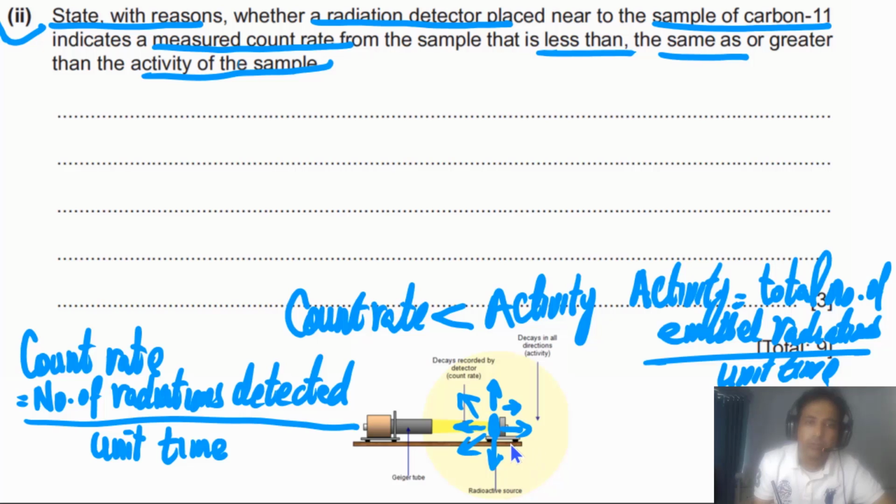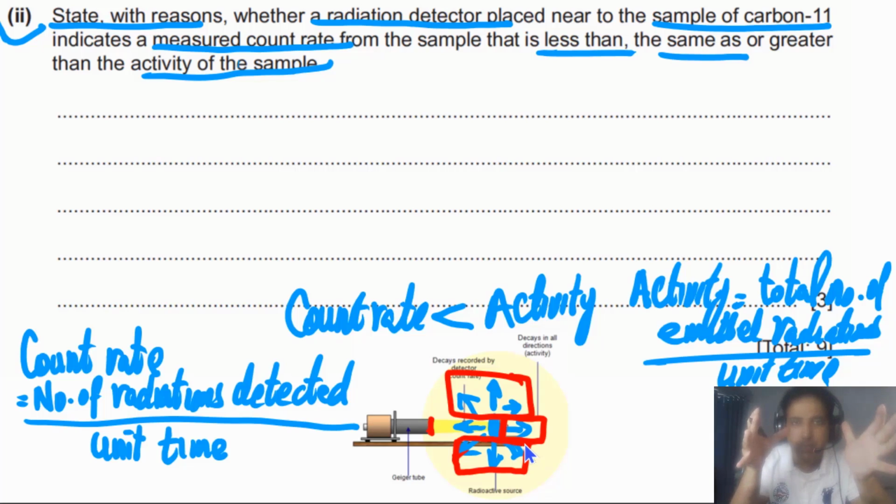But of the radiations emitted, only those coming straight to this detector will be detected. Other radiations, for example this one, will not be detected by the detector. These radiations also will not be detected.